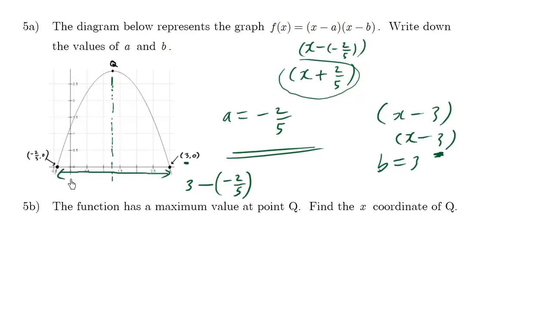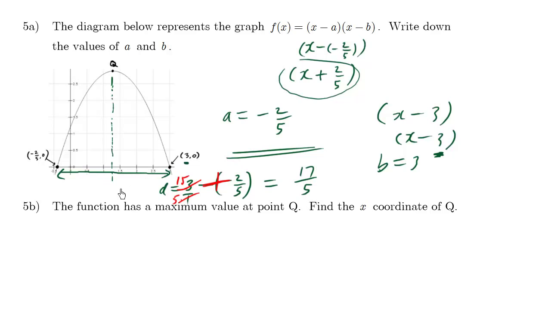So the distance between these 2 points, just using algebra, is 3/1, which is the same thing as 3 times 5 is 15, 15/5. So we have 15/5 plus, these two negatives become a plus 2/5, which becomes 17/5.